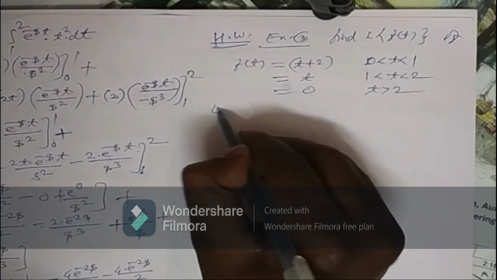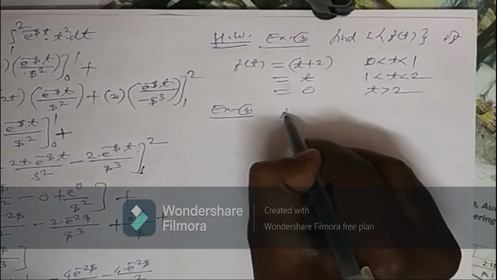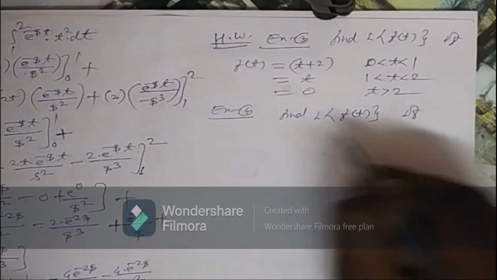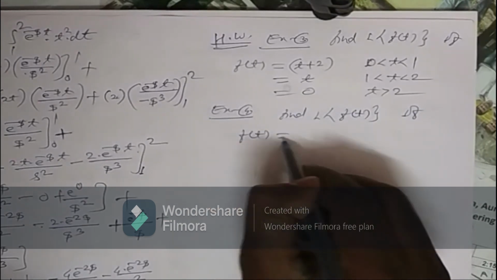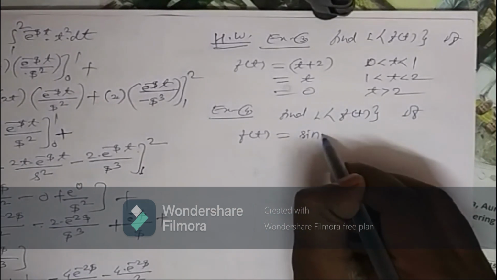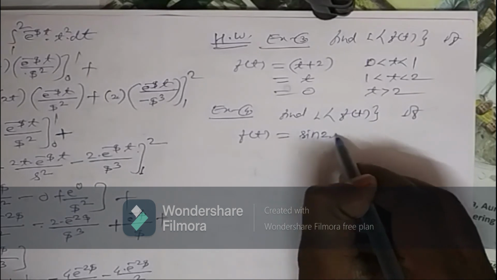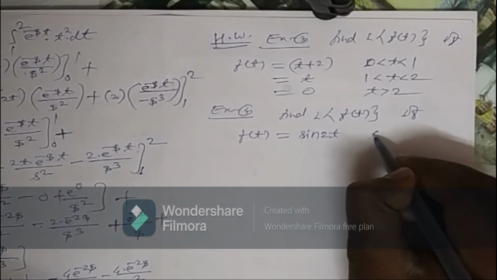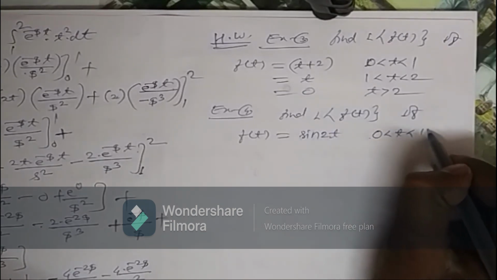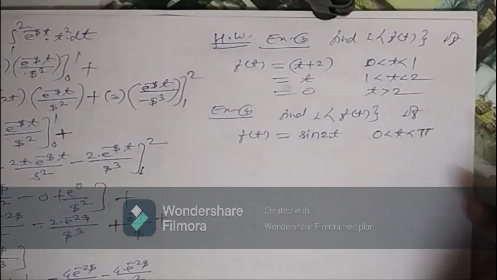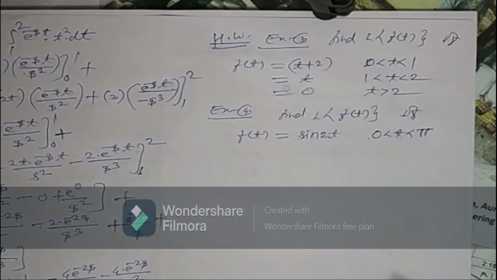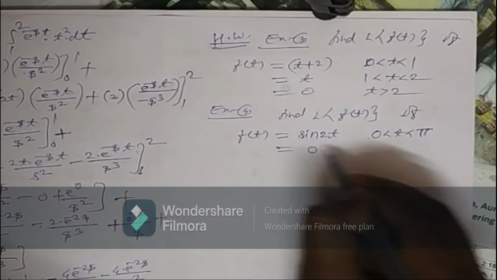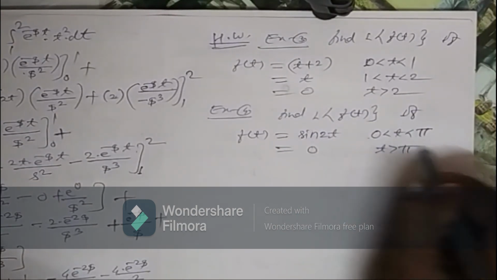Next, example number 4, find the Laplace transform of f of t if f of t is equal to sine of 2t for 0 less than t less than pi, and equal to 0 for t greater than pi.